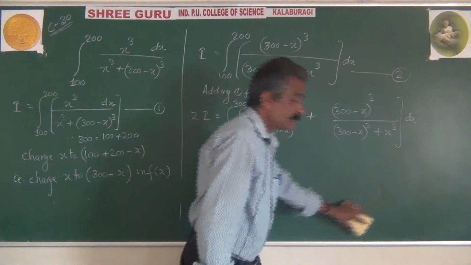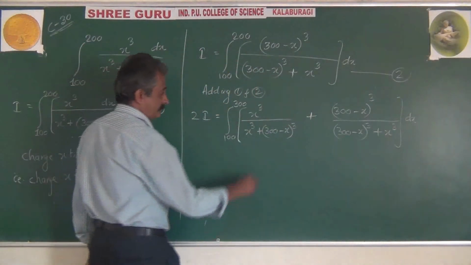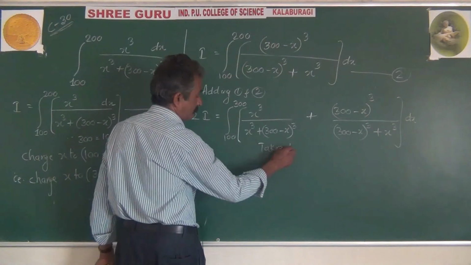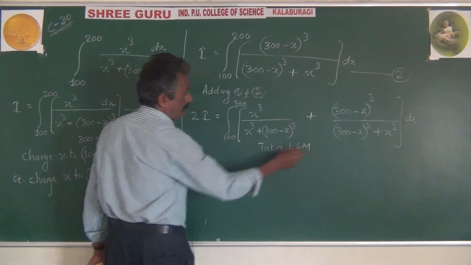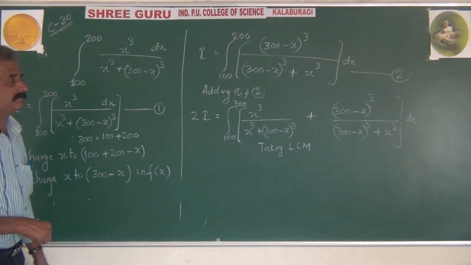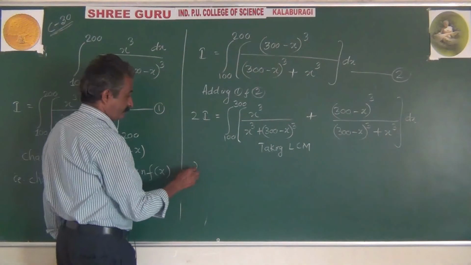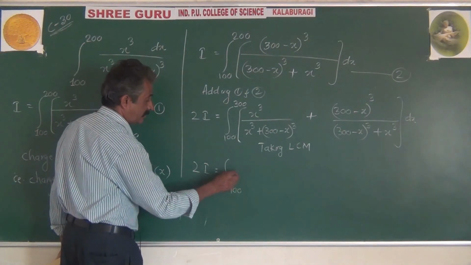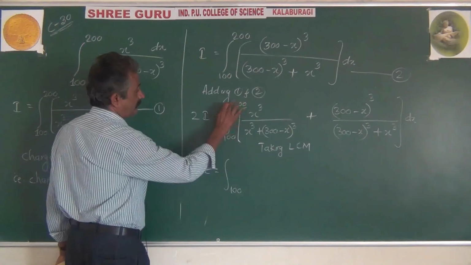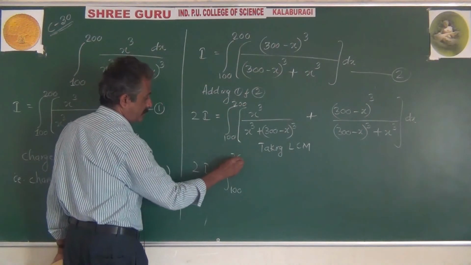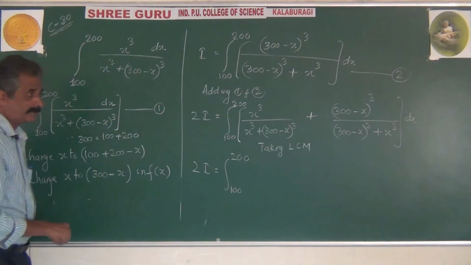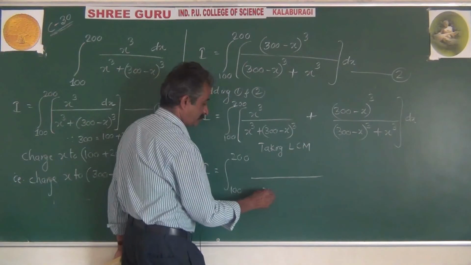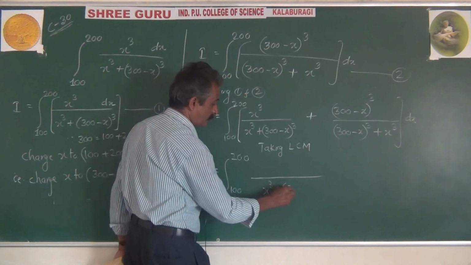Now let us take as usual LCM. Taking LCM. So 2I equal to integration 100 to 200, sorry, 100 to 200 in fact. LCM is x cube plus 300 minus x whole cube.